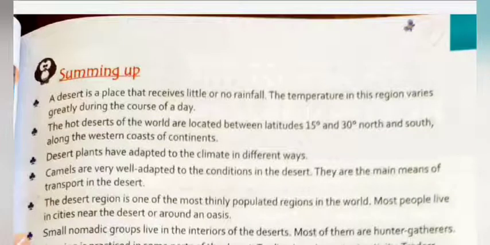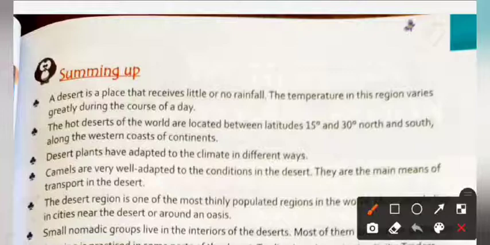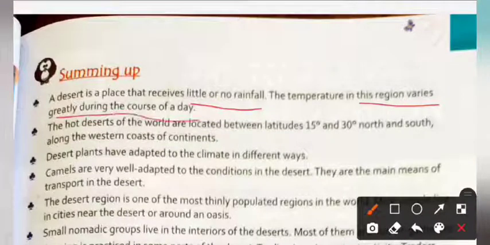The temperature in this region varies greatly during the course of the day. So two facts are given about this region, that is little or no rainfall and temperature variation. Okay, so two reasons are responsible for the increasing of desert.